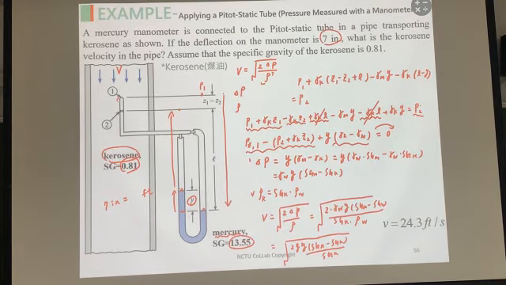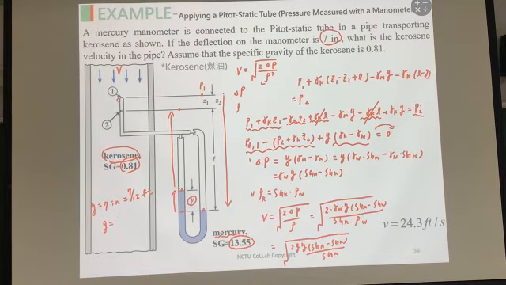We need to transfer the 7 inch to FT. So you need to convert. You divide by 12 because 1 FT is equal to 12 inch. So you need to transfer the deflection height, this is Y, to FT unit.